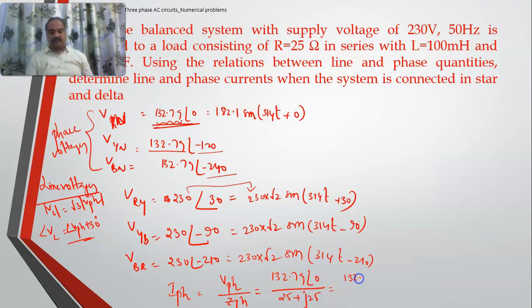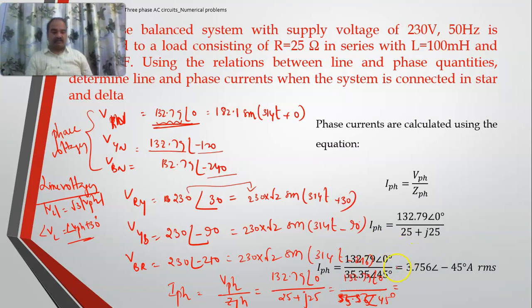You convert this into polar, and you will get 35.35. Whatever value you get, that is your phase current.